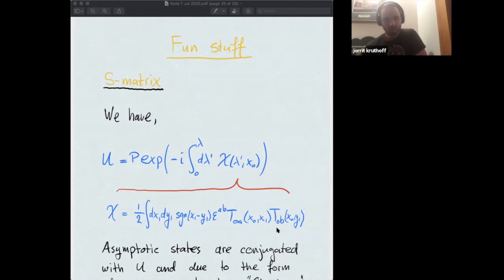And what I want to do here is to see whether we can directly compute this S matrix from the field theory on the plane. And there, this unitary operator U is essential.